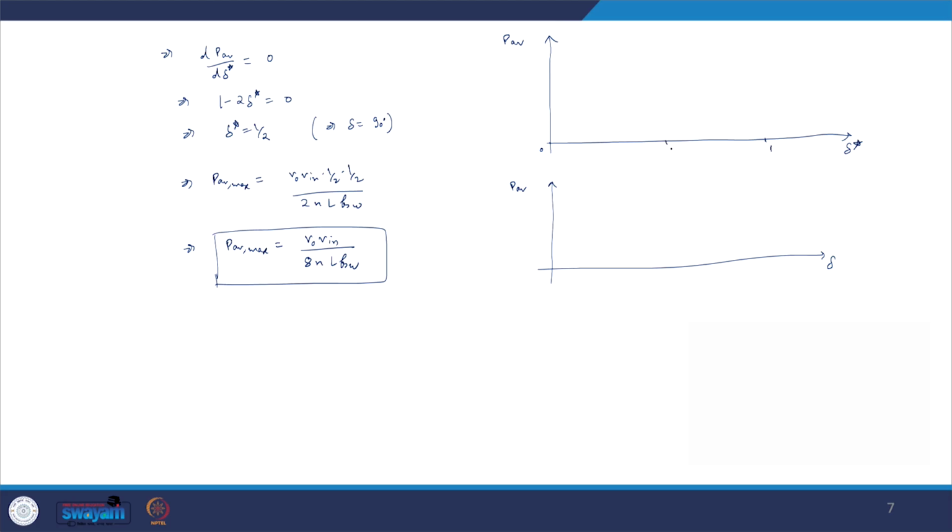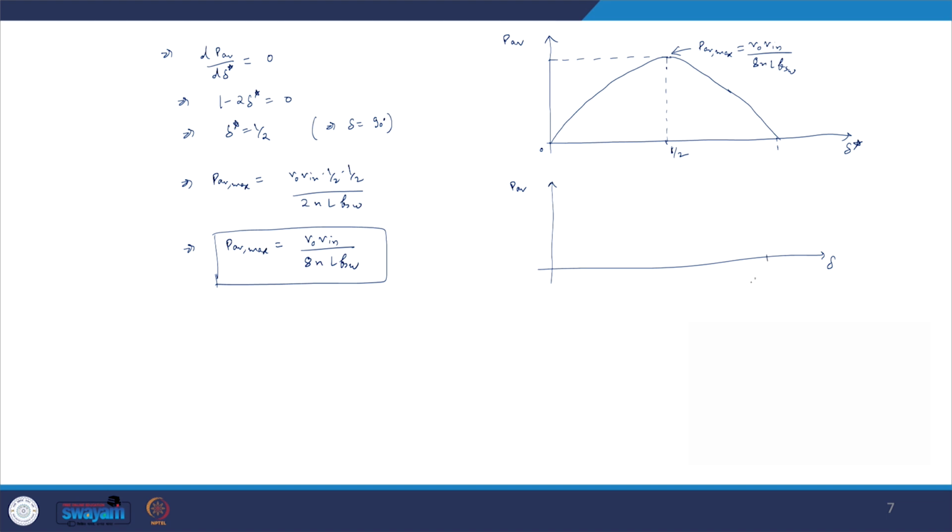So we define the value half here, and we get a parabolic curve which goes up to the midpoint and then comes back down. This peak point is the P average maximum value, which is V naught V in divided by 8 L FSW.